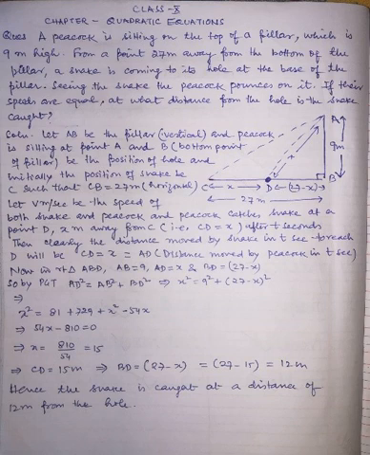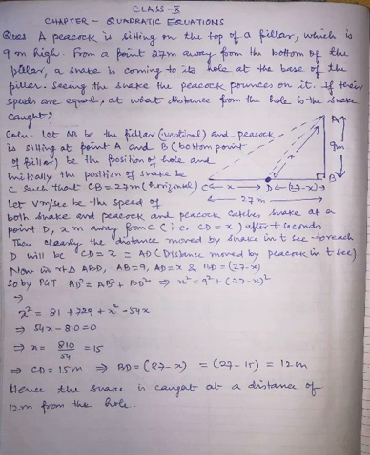So, the snake is moving along the line CB, and the peacock is coming from the direction AD, and D is the point where the peacock catches the snake. And let us assume that time t second is taken by the peacock to catch the snake.